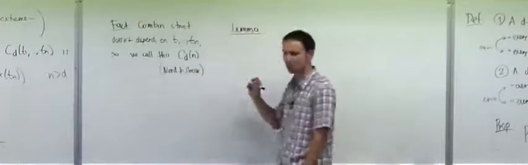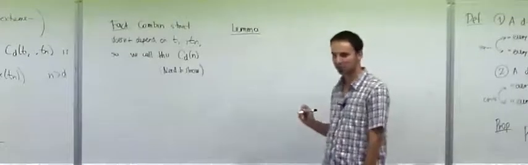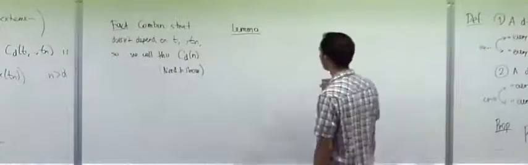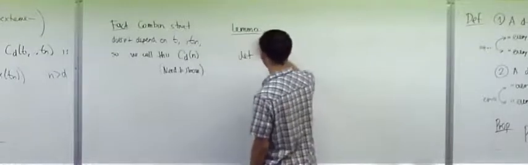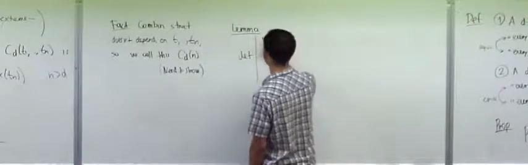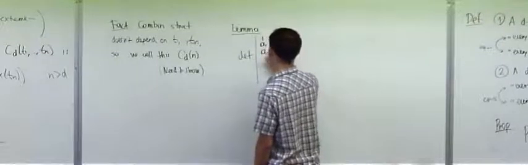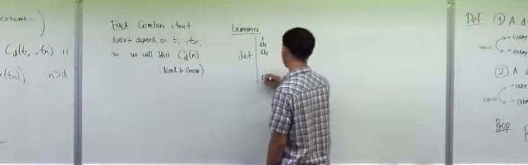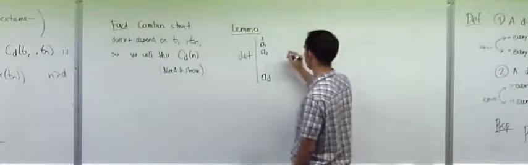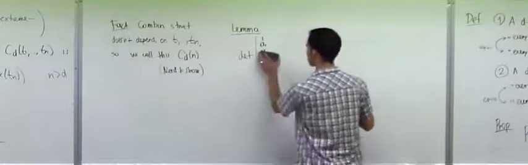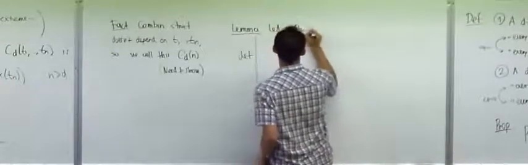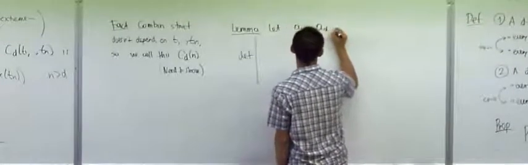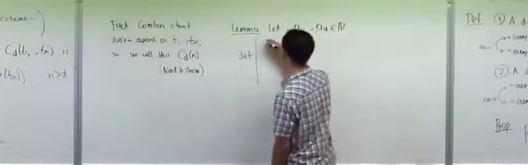Or I should say, this lemma might not look like it belongs in this class, but it does, and we very much need it. And it says the following thing. If you take the determinant of the following matrix, no, sorry. So you're going to choose numbers a1 up to ad. And we're going to form this determinant.